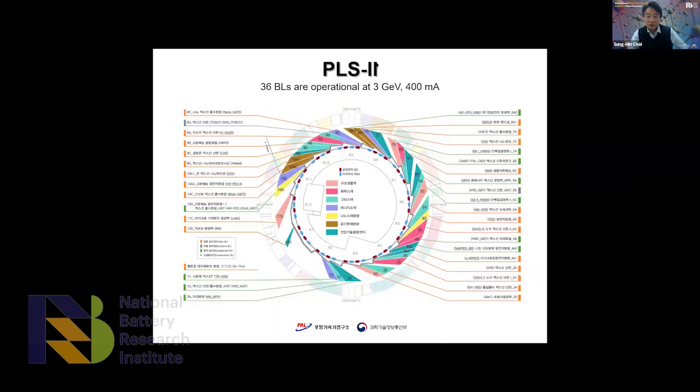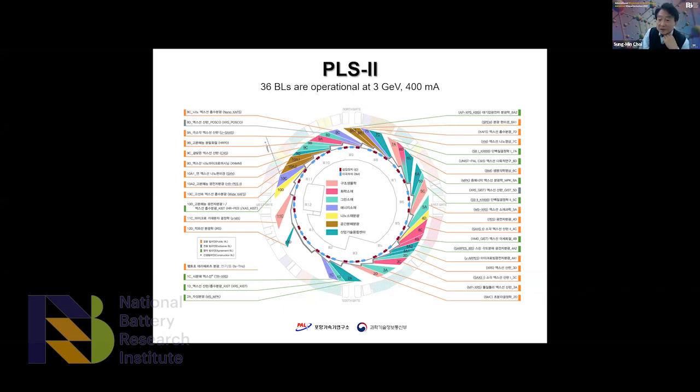And PLS-II, the synchrotron source, has a large number of beam lines. About 36 beam lines are operational. And our group mostly uses small angle X-ray scattering, and also sometimes X-ray absorption spectrometers.